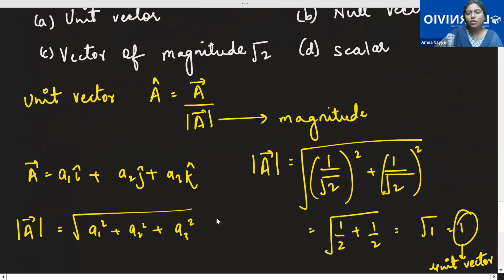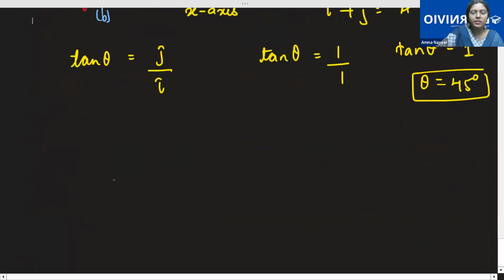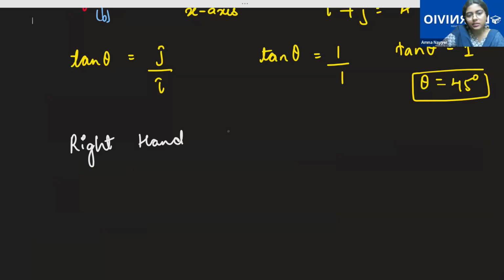See, let's talk about the right hand thumb rule in the vectors cross product. Okay, because this can come in need. Right hand thumb rule. What we do here in right hand thumb rule?